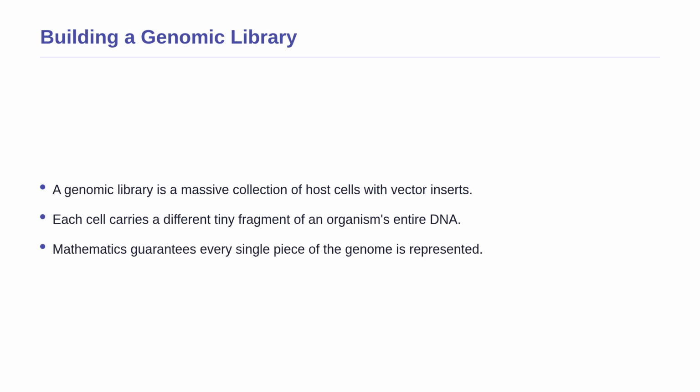Because we are chopping up a massive genome into tiny pieces and randomly inserting them into vectors, we face a statistical problem. We need to know exactly how many total vector clones we must create to guarantee that every single piece of the genetic puzzle is represented, without missing the specific gene we are looking for.